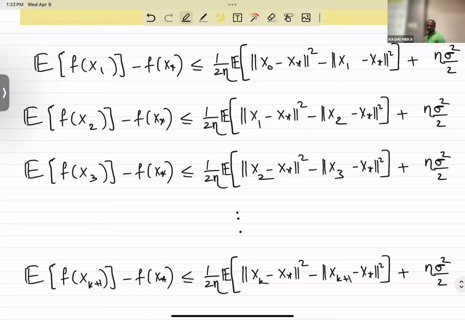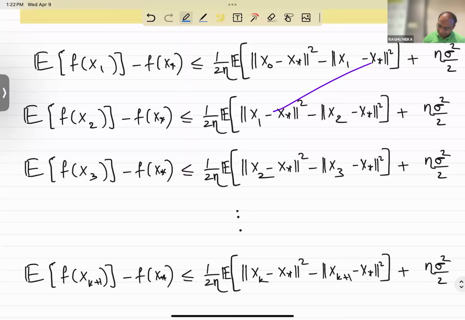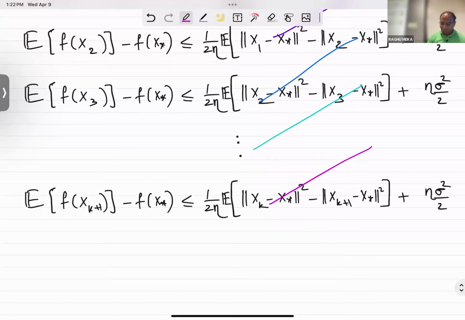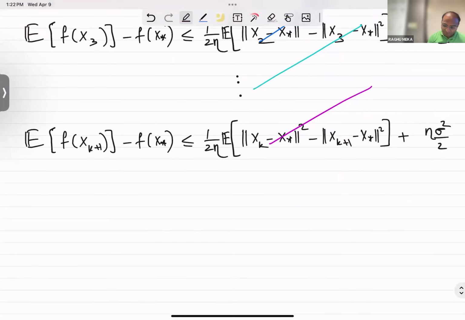Okay. And just as before, if we add up all of these equations, we get some nice cancellations. So it's really just redoing the same things that we did before.